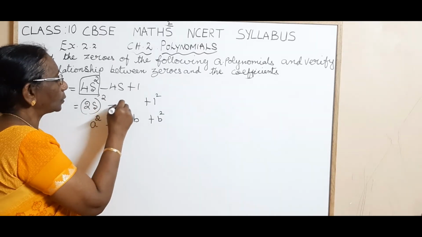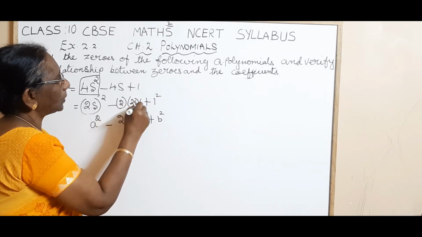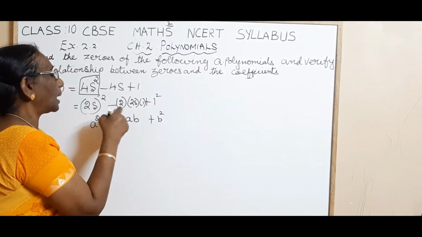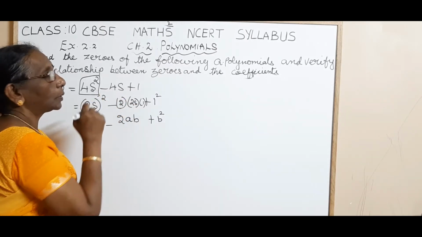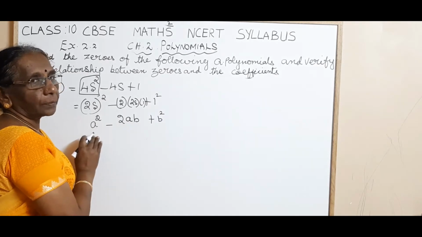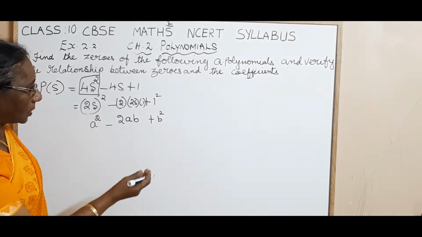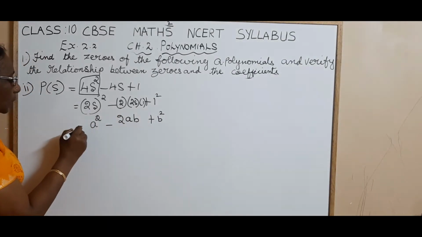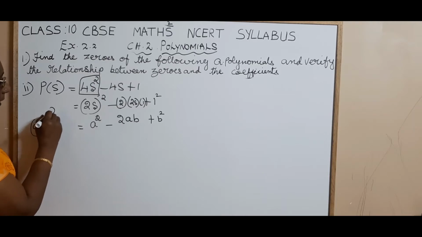See here, 2 into a is 2s and b is 1. When you multiply minus 2 into 2s, that is 4s, into 1, 4s. So it is satisfying this formula: a squared minus 2ab plus b squared is a minus b the whole square.